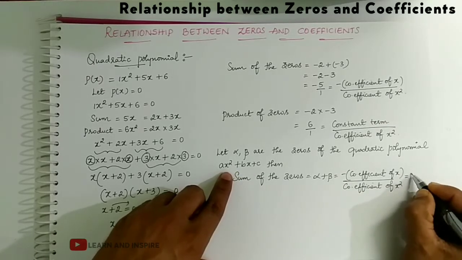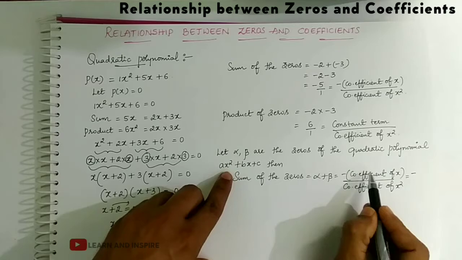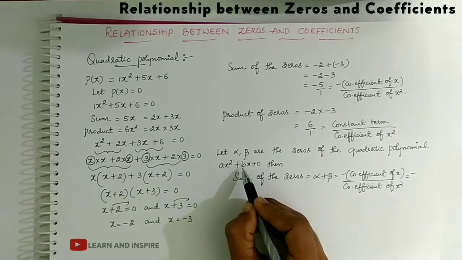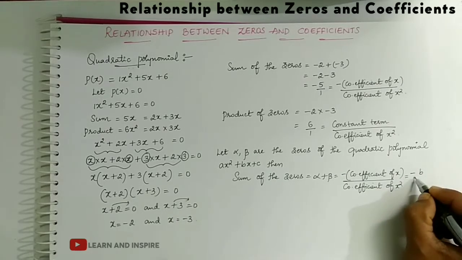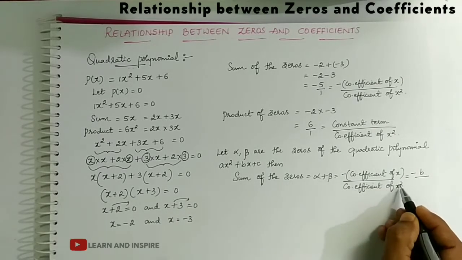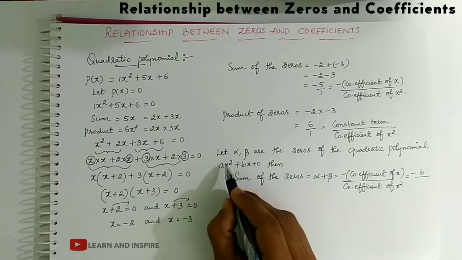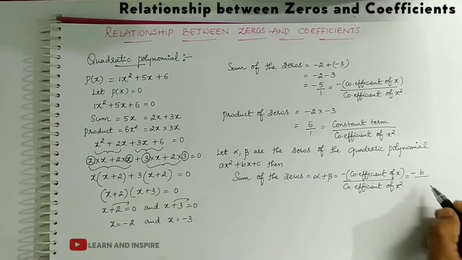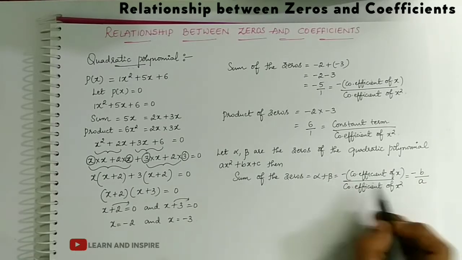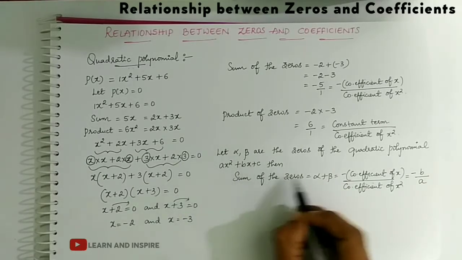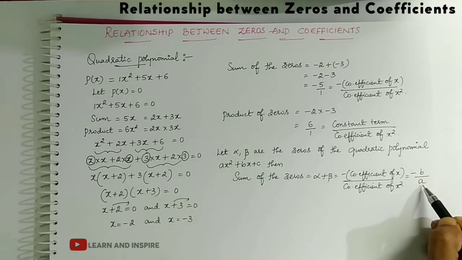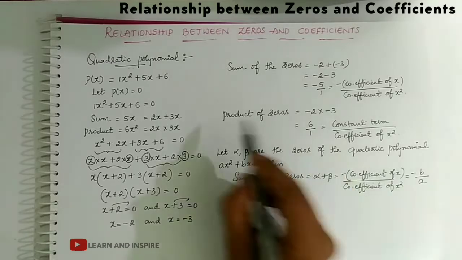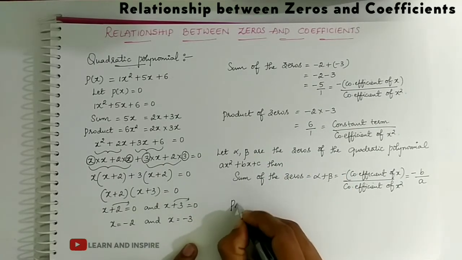Minus, I write as it is, minus coefficient of x, which is b, divided by the coefficient of x square. What is the coefficient of x square? It is a. So the formula for the sum of the zeros is minus b by a. You have to remember this: sum of the zeros is equal to minus b by a. Now I write the product of zeros.